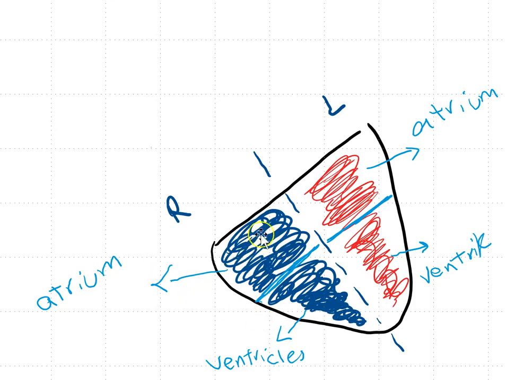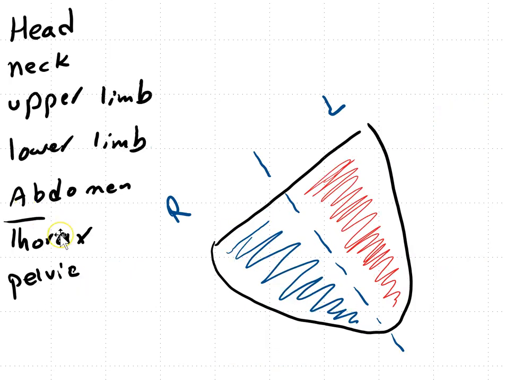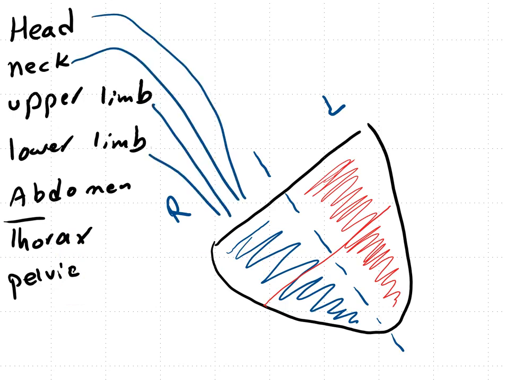Okay, so let's see where this deoxygenated blood, or dirty blood, comes from. It comes from the head, neck, upper limb, lower limb, abdomen, thorax, and pelvis to the right atrium. All of these areas send their dirty blood to the right atrium.